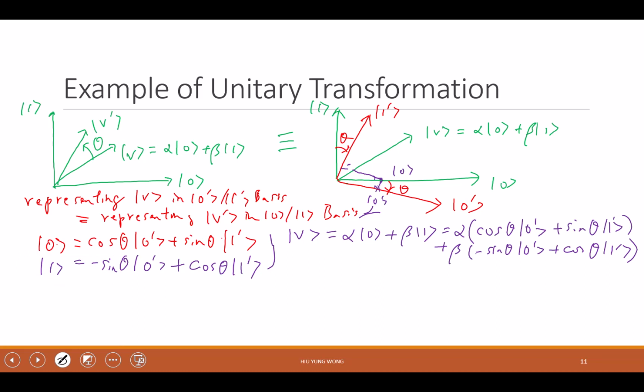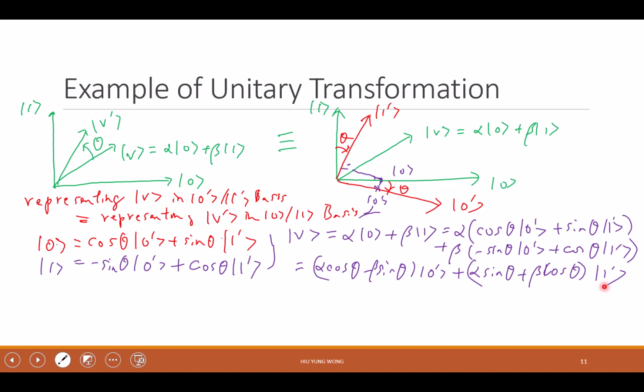So I have 0 dash and 1 dash. I can regroup that. V equals alpha cosine theta minus beta sine theta, the whole thing 0 dash, plus alpha sine theta plus beta cosine theta, the whole thing 1 dash.